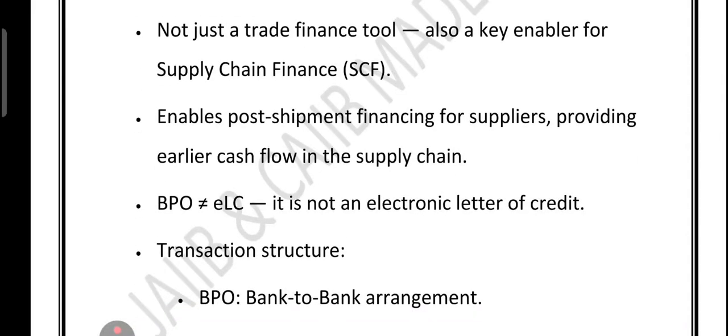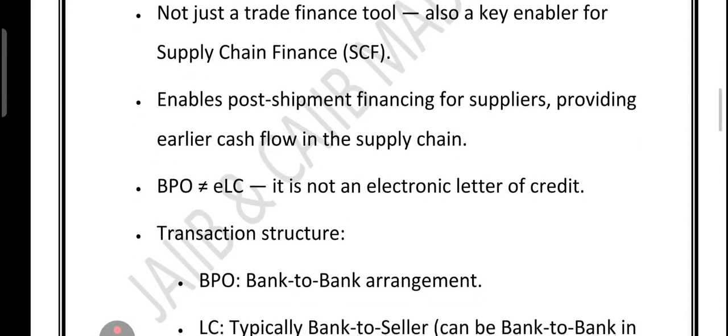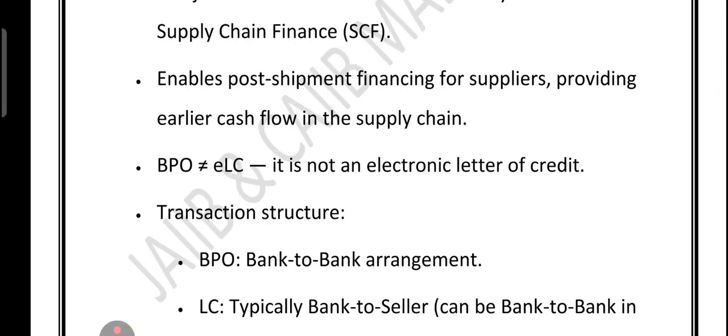BPO is faster, automated check. LC is slower, manual check. Shipment document not sent to bank in BPO, right? While in the case of LC, shipment document is sent to the bank. So that is the difference between the bank payment obligation and the letter of credit, right? It assures payment to the seller. It reduces the risk for both buyer and seller and can be used as collateral to get financing from the bank. That is called BPO.